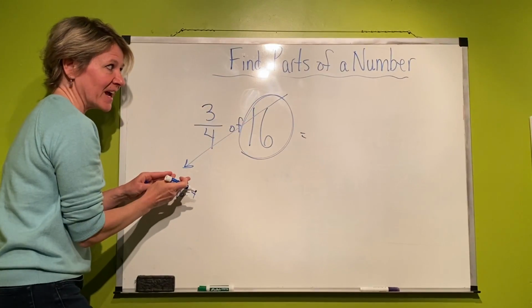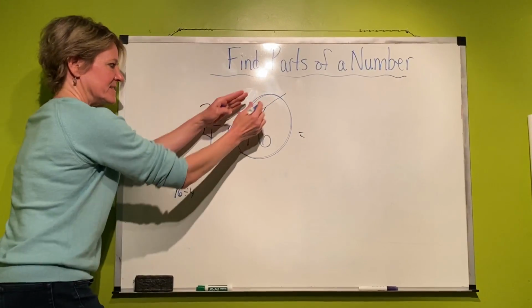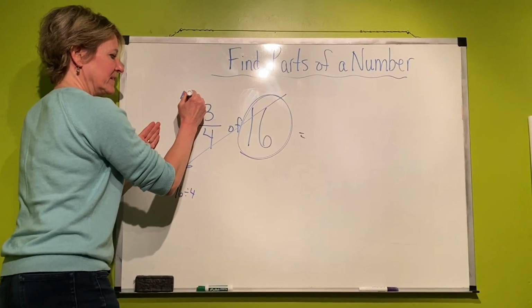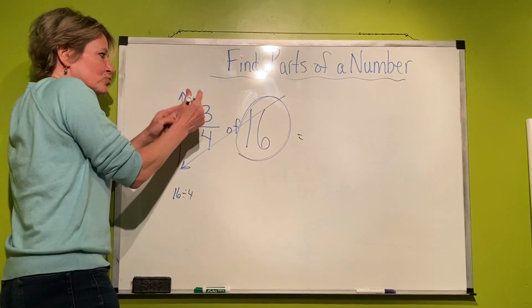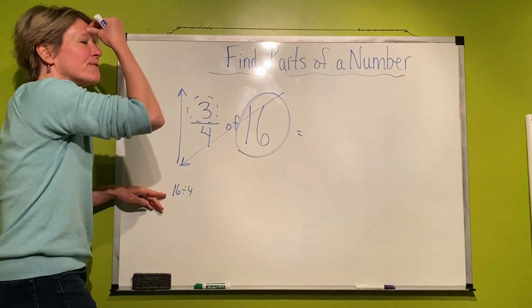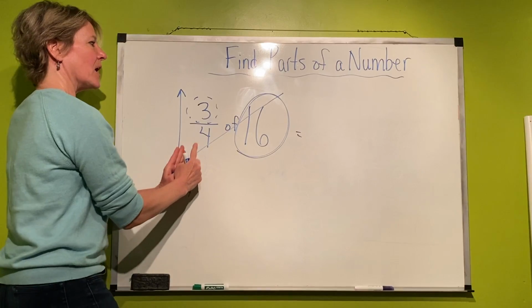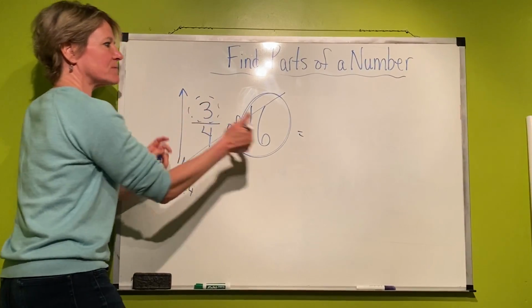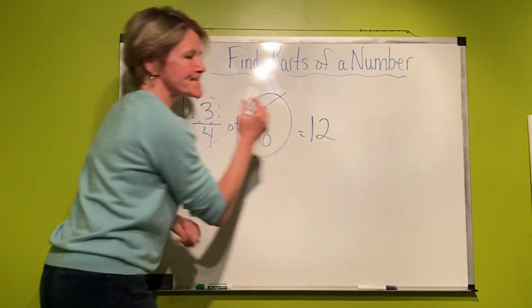But I'm not done yet until I zigzag. Remember, you still have to go straight up and multiply this numerator. So in my head, I had a 4, and now I'm going up to multiply 4 times 3. The answer is 12.